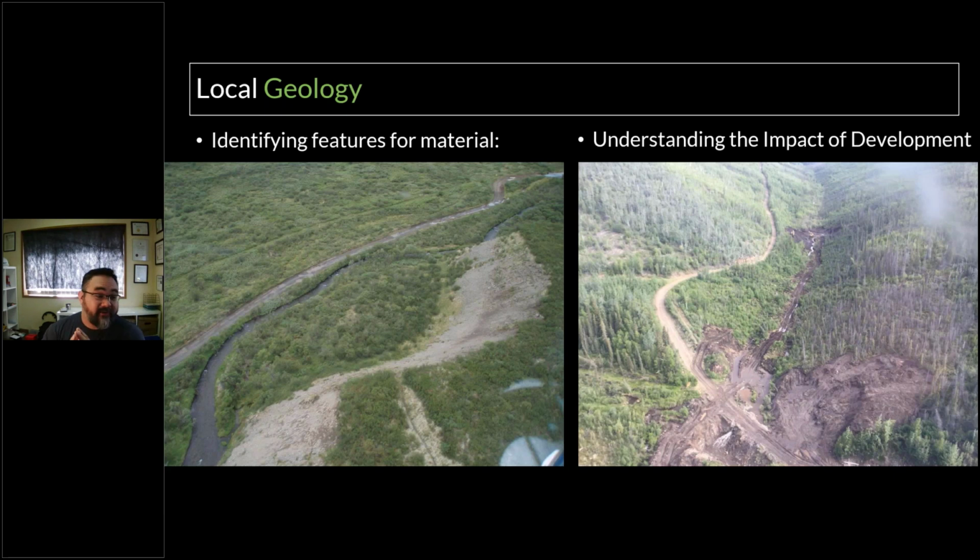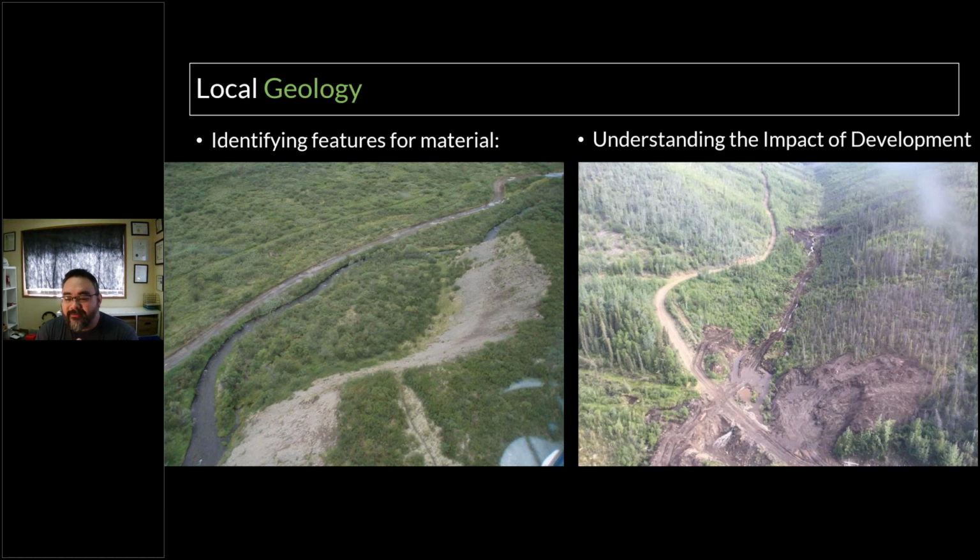You can see there's a lot of puddles on the road. But on the right-hand side of that is a gigantic sand and gravel terrace with oodles and oodles of good granular road material that you could use in your road construction. So seeing those features up front and understanding the geology could maybe help you cross that stream earlier and move to the other side where you could have access to all of that gravel.